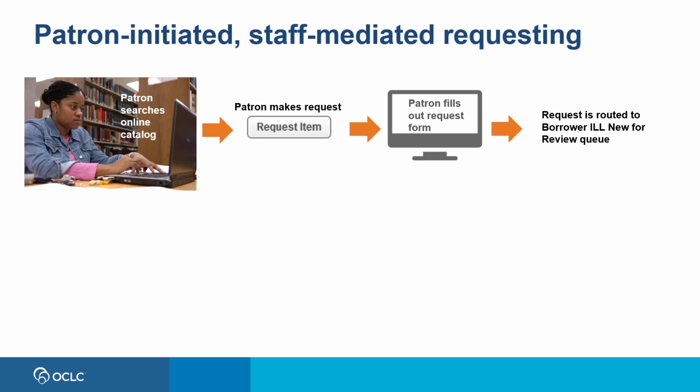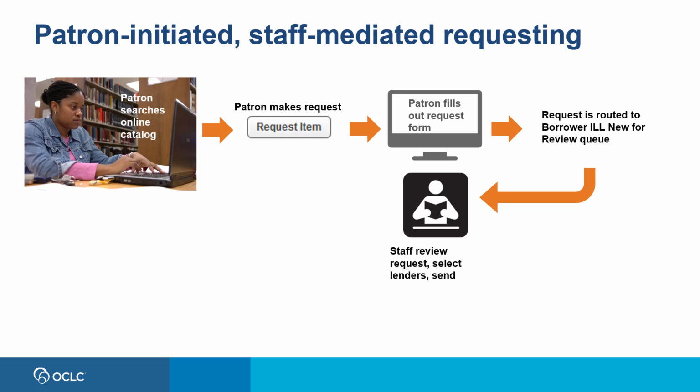Once the patron submits the request, the system sends the request to the borrowing library's WorldShare ILL queue, the category of requests known as New for Review. Libraries using resource sharing for groups, when doing ILL within the group, the requests go directly to lenders, unless libraries prefer to manage the request under the New for Review queue.